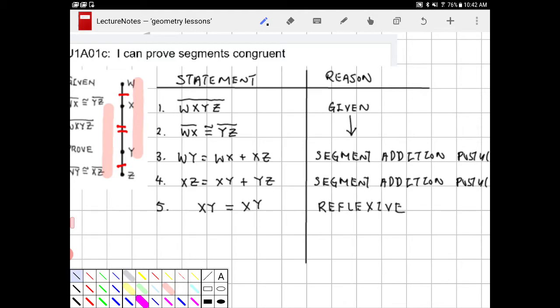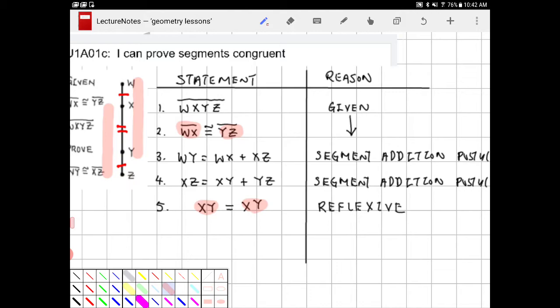So remember, we're going to treat the congruent symbol just like we would treat the equal symbol. They are the same exact things. Now, watch what happens. I'm telling you that WX is equal to YZ, which is stated in line 2. And I also tell you that XY is equal to XY, right?